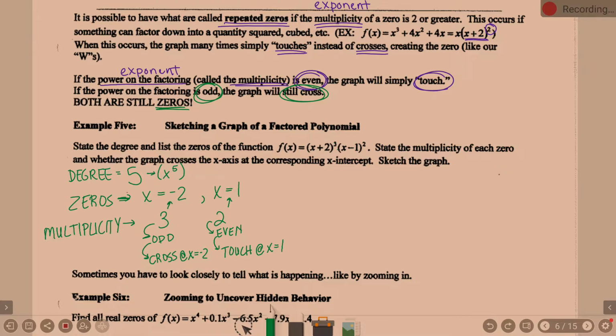Do you remember anything about that? Running out of room here. We had degree 5, right? Degree 5 is odd. Do you remember if the power is odd, what kind of end behavior options we have?